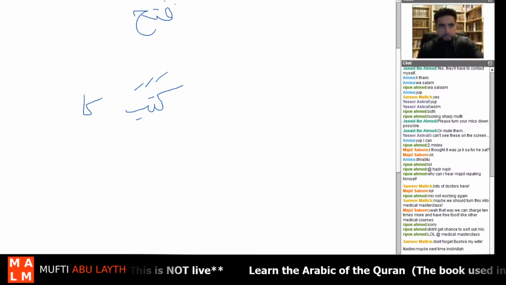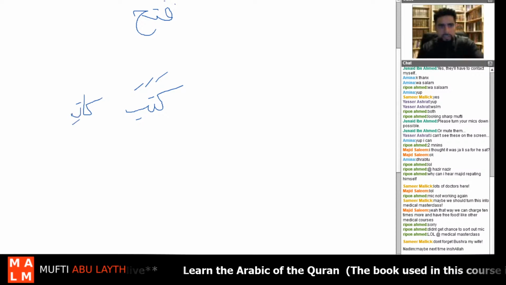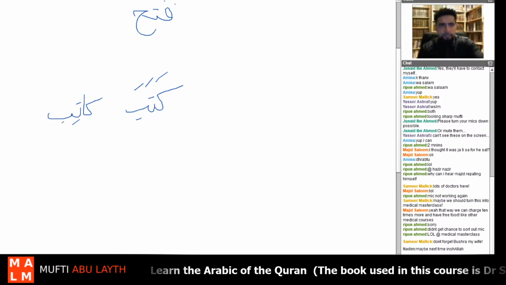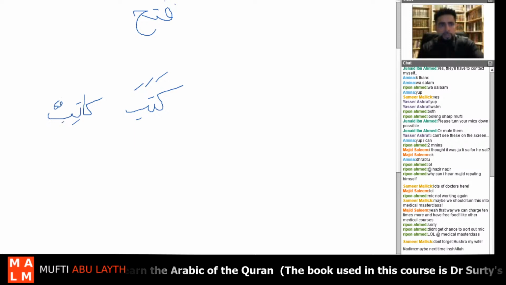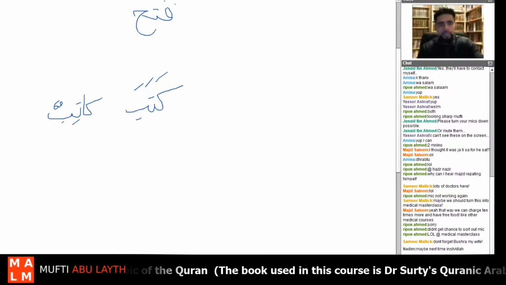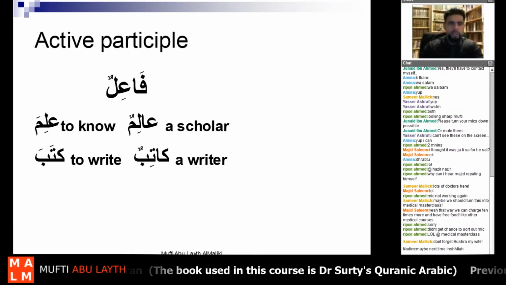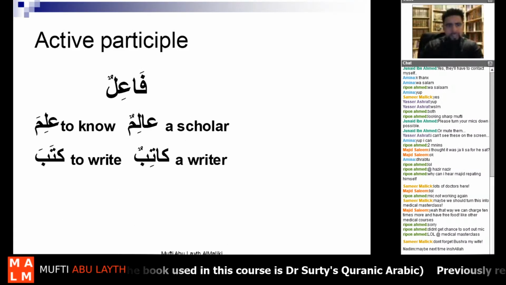Then you've given the ta a kasra, and the ba is given tanween. And this now means, from he wrote, it now means a writer. We go back to the lesson. Kataba katibun.